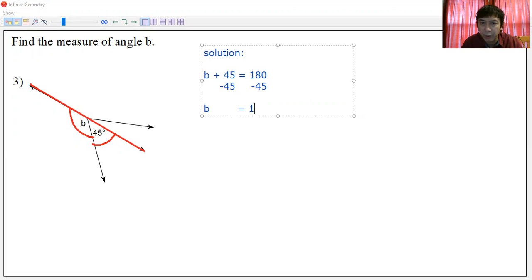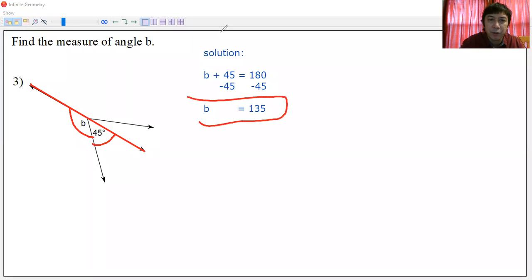That should be 135. So this is the answer, 135 degrees. That's the unknown angle B, and we can verify that there. We can now continue with the next number. Let's clear the screen and continue with number 4.